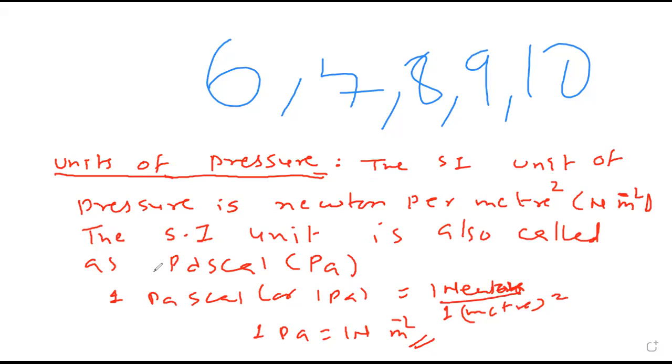Complete fast. Unit of pressure in SI unit is Newton per meter square. And then in between you go for coffee break. No, sir. I thought you were going for coffee break. Unit of pressure is Newton per meter square or Pascal.